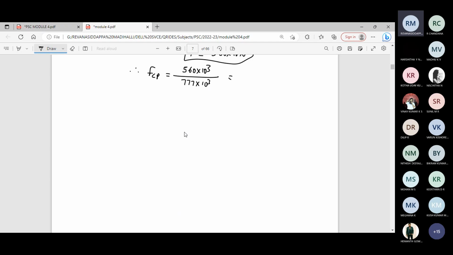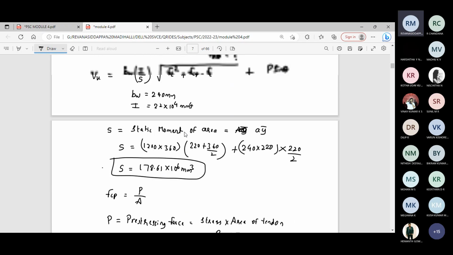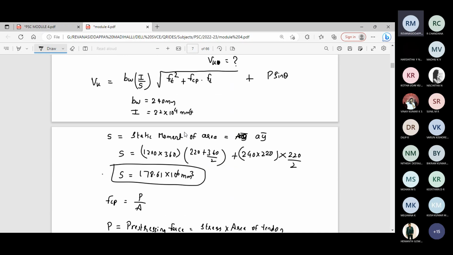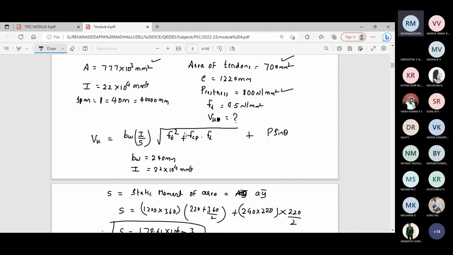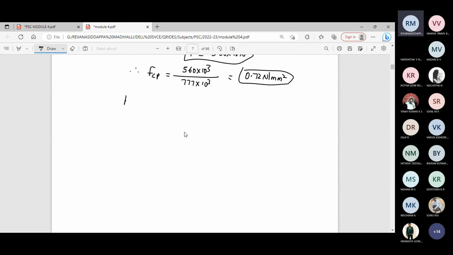FCP, you will get it as 0.72 Newton per mm square. Okay. Now you got the value of FCP. FT is given in the problem only. How much is it? 4.5 Newton per mm square.